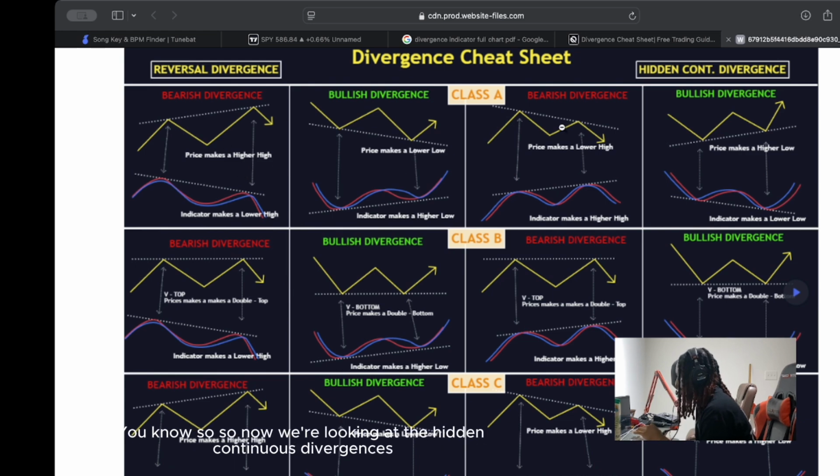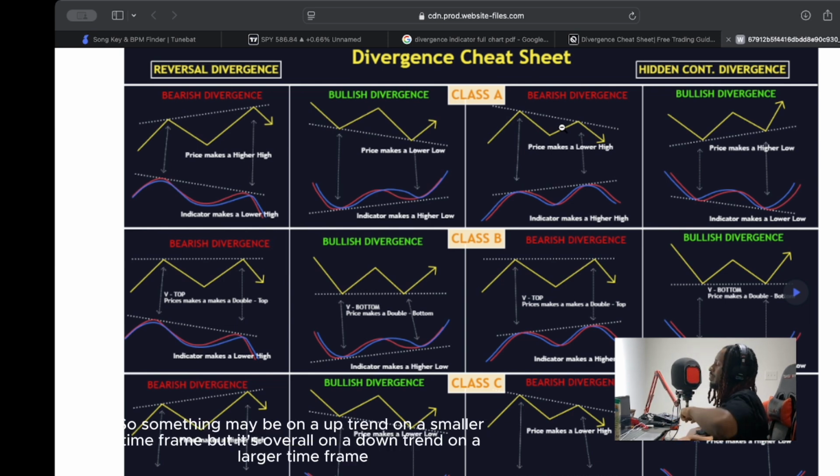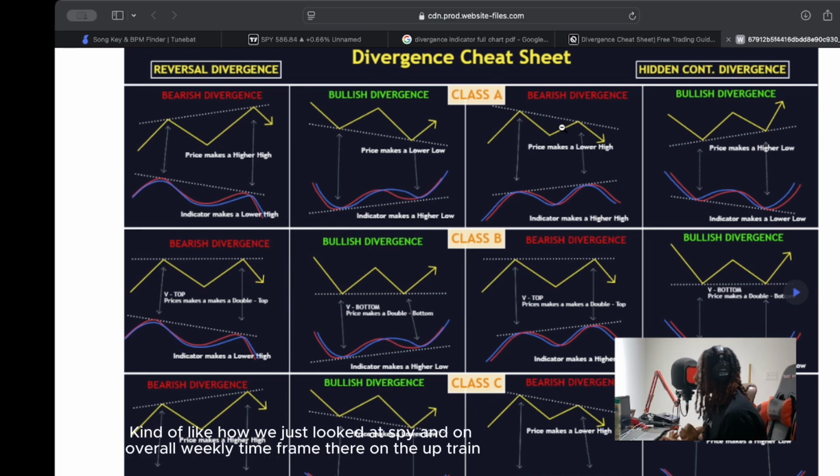Now we're looking at the hidden continuous divergences. Something may be on an uptrend on a smaller time frame, but overall on a downtrend on a larger time frame, kind of like how we just looked at SPY, which on an overall weekly time frame is on an uptrend.